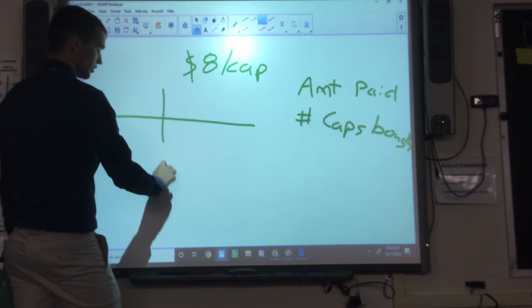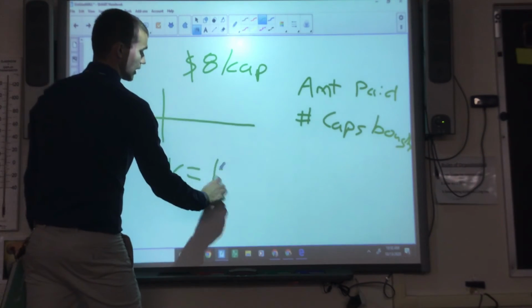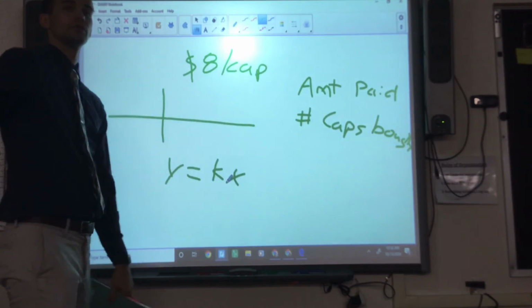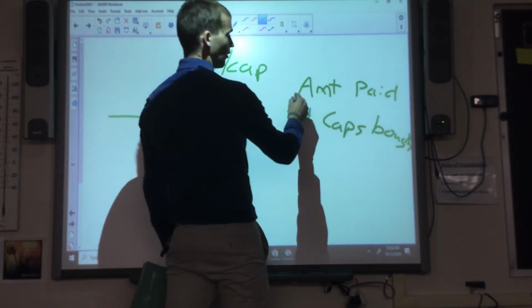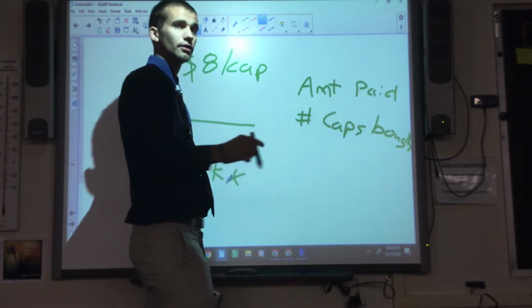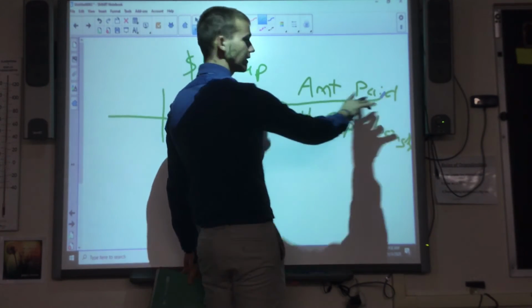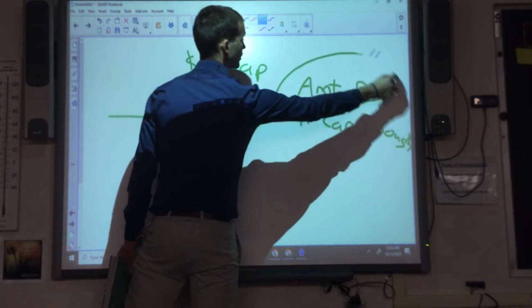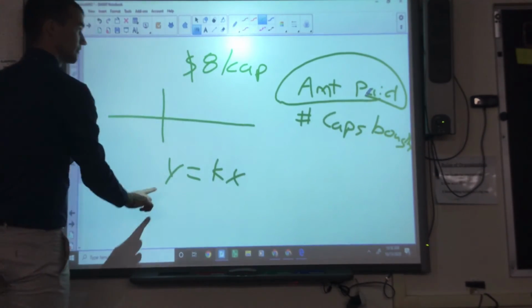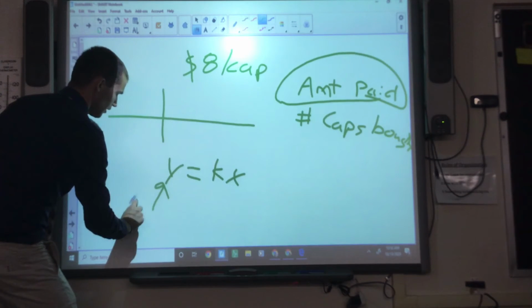So if you're turning this into y equals kx, you might have heard me saying this to one of the other classes, or maybe you remember it: anytime it says the amount, the blank is directly proportional to something else, whatever the first thing they say, that's this. So this is amount paid.